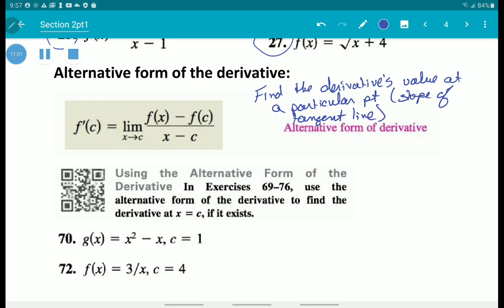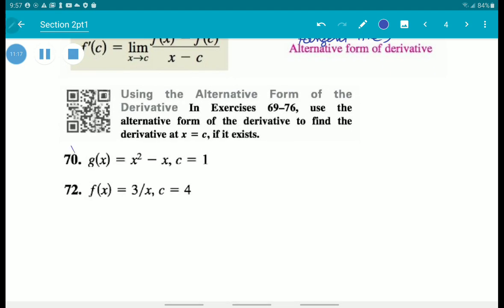So you're finding what the slope of the tangent line is at the point. So this is not giving you an expression because you're plugging in a specific number. So let's just do one of these. Let's look at 70. 70 is asking us to find the value of the derivative at 1 for this function here.